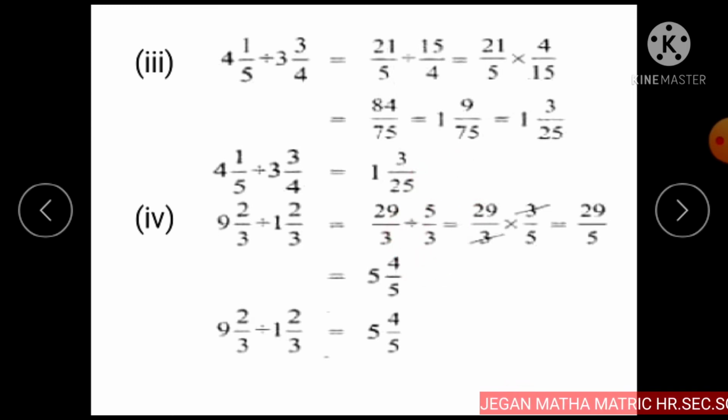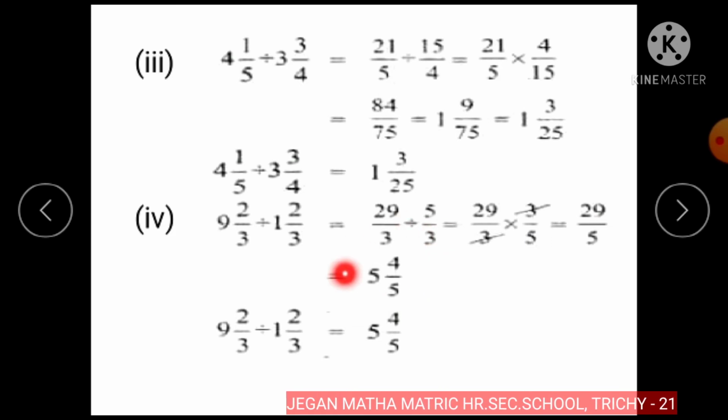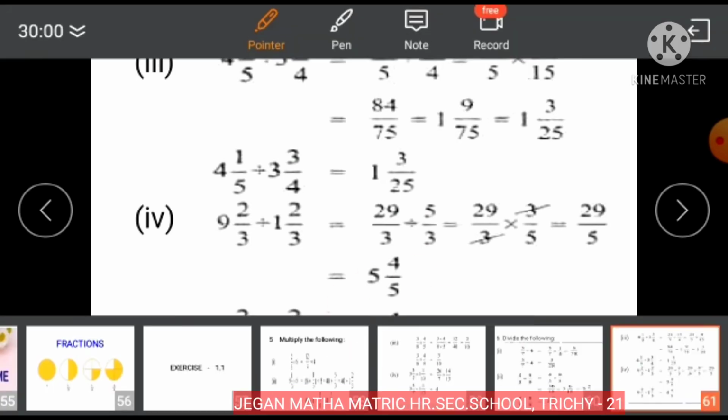So the reciprocal of 5 by 3 equal to 3 by 5. Now we multiply 29 by 3 and 3 by 5. 3 gets cancelled. So we get 29 by 5. 29 by 5 is an improper fraction, so it is converted to mixed fraction as 5 4 by 5. The answer is 5 4 by 5.